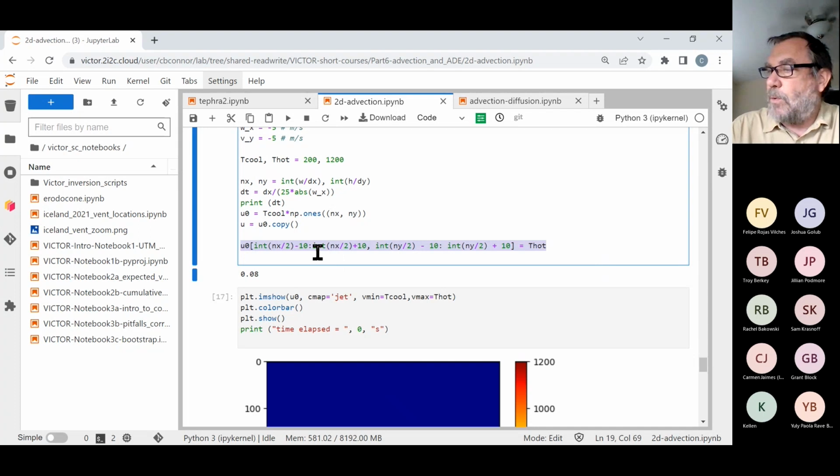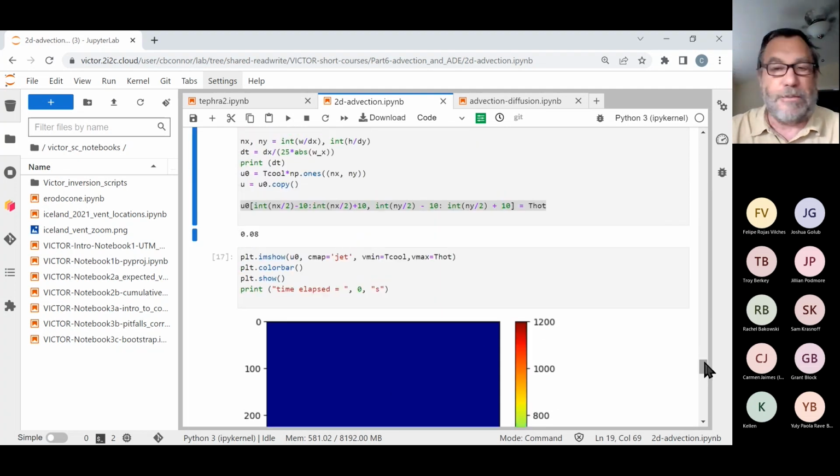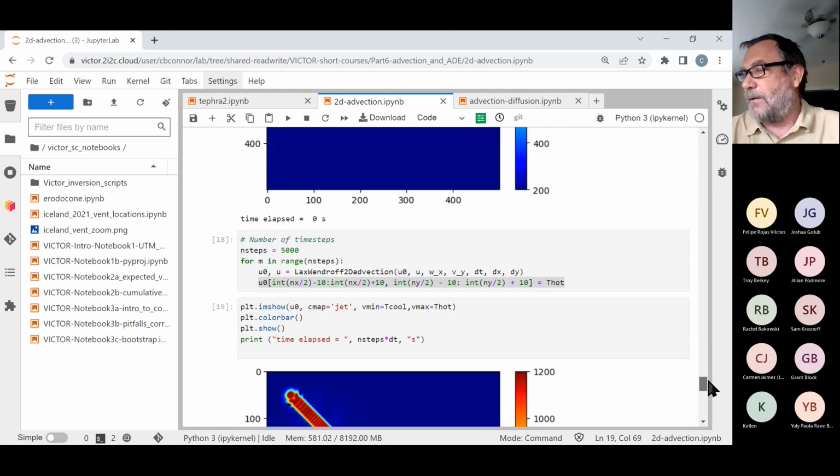So this is how I set the boundary conditions to make the source at the center. Remember, that's the square volcanic plume injected into the atmosphere or some other thing like that. You can decide how you'd have to change this equation to make it a round plume or whatever. But anyway, we put it up there.